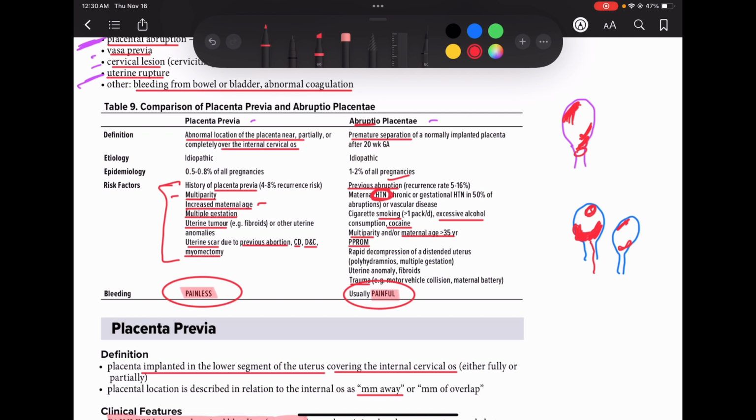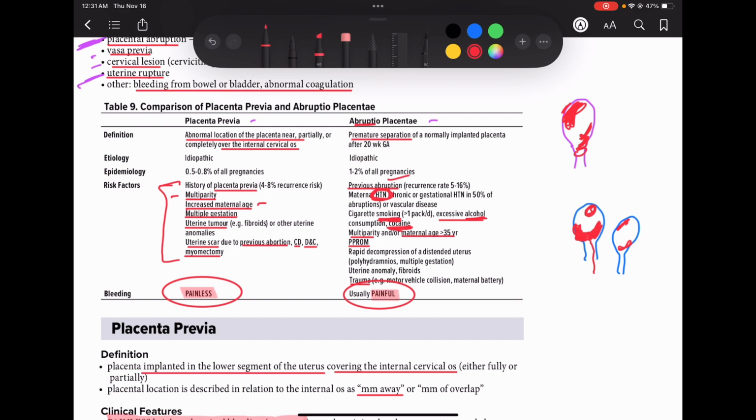It's a very prominent, very common risk factor of abruptio placentae. Smoking, excessive alcohol, cocaine, smoking, alcohol, hypertension. This might lead to early separation of this placenta from the insertion of it on the uterus.